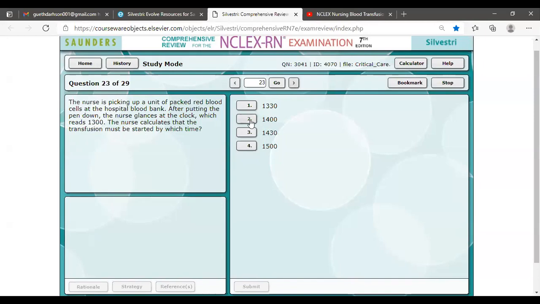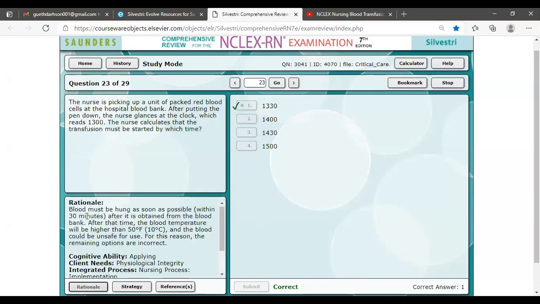So we have to start the blood as soon as possible. When blood is ready from the blood bank, you check it, another RN can check it, temperature must be checked, not too cold, at room temperature, and then start as early as possible. So out of these 4 times, the earliest time is just after 13 minutes.